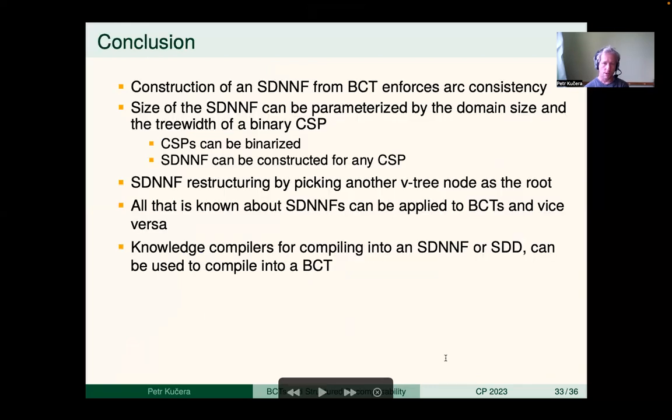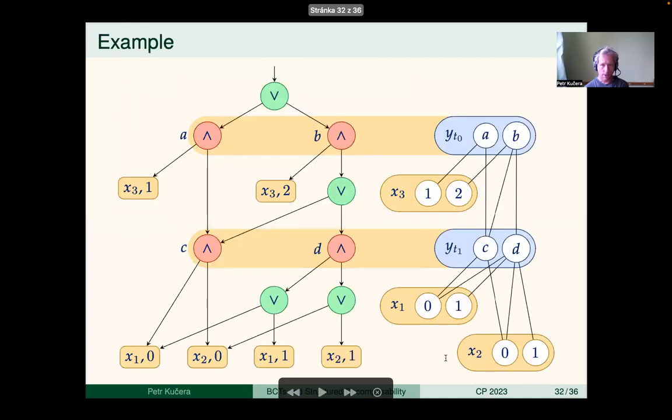Okay, so this was just an idea. To conclude this talk, the first thing I haven't mentioned is that the construction of an SDNNF from a BCT actually enforces arc consistency. We might have actually seen that in this picture, which is the final circuit constructed by the construction given the initial BCT: we don't have, for example, X3 with little x3 equal to 0.